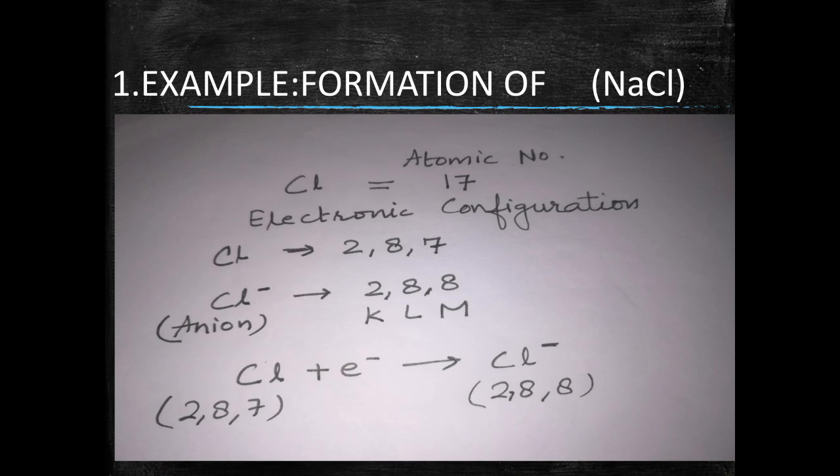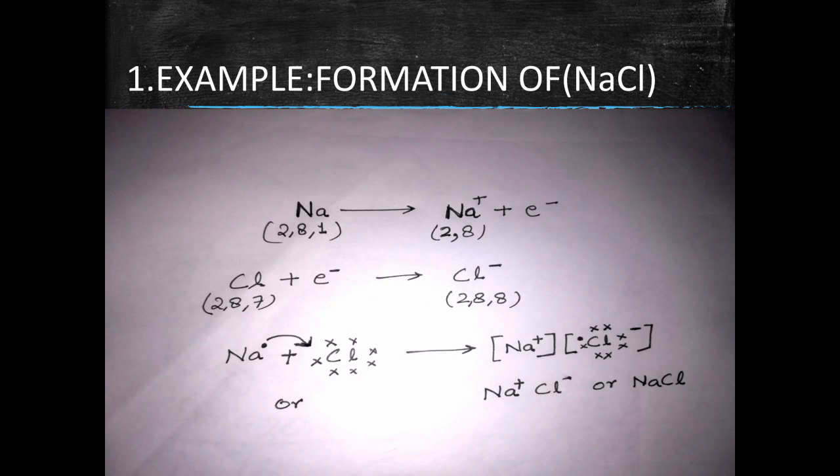Cl- is equivalent to 2, 8, 8. So we know the basic rule that positive and negative attract each other. Sodium loses its 1 electron which is gained by chlorine to form NaCl, sodium chloride, in which sodium is the positive part and Cl is the negative part.